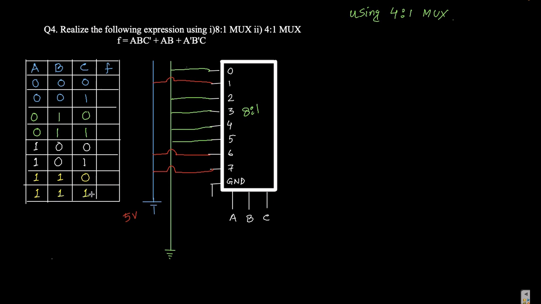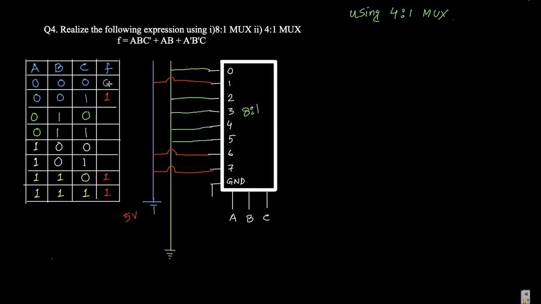Okay. Now what is the output? Output is 1 at the position where we are getting 1, at the position 6 we are getting 1, at the position 7 we are getting 1, and rest of that we are getting 0.